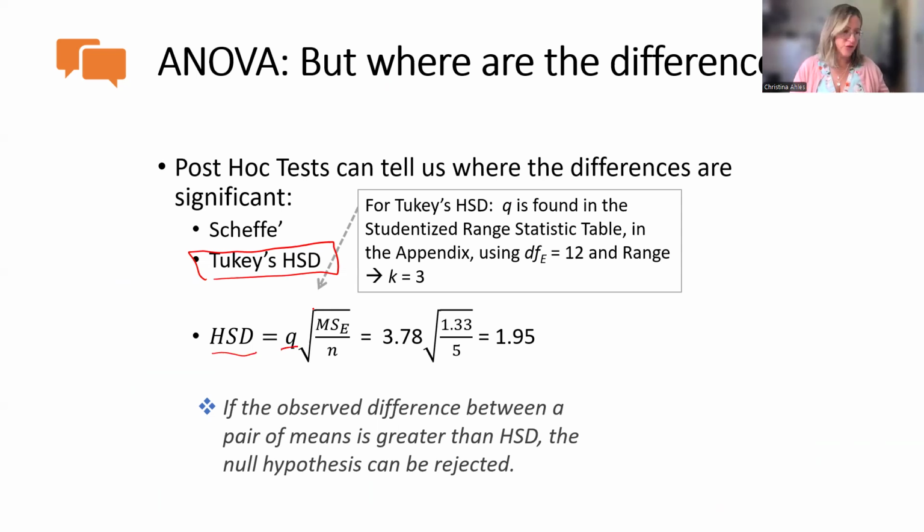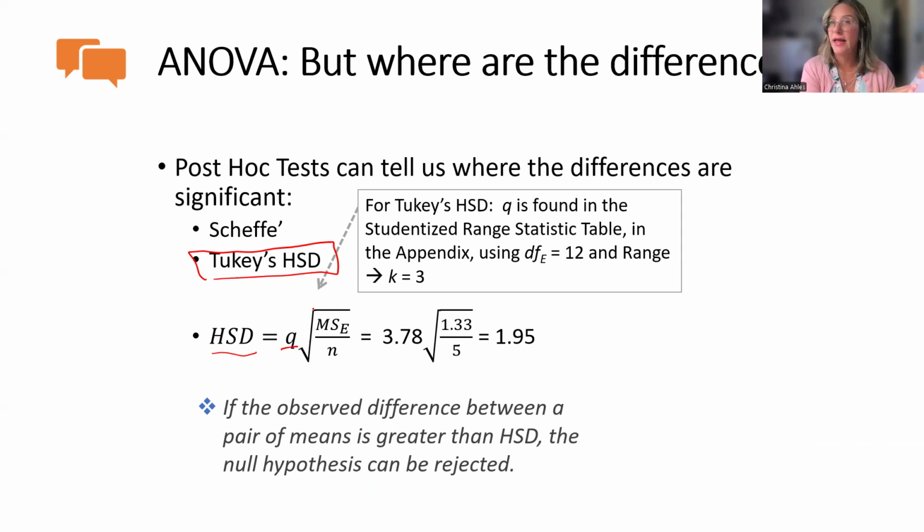And when they say range with ANOVA, it just means the number of conditions. So range and K mean the same thing. I don't know why they don't keep it simple, but that is the unfortunate situation with ANOVA, as the terms fluctuate back and forth.